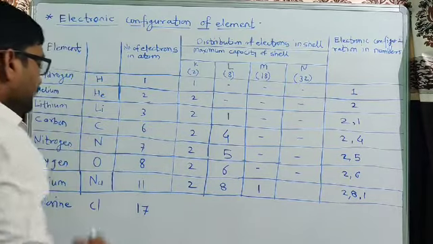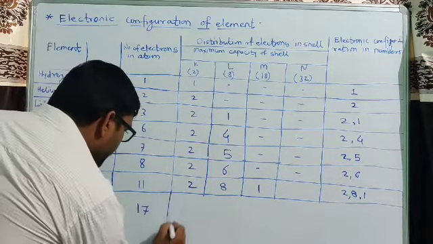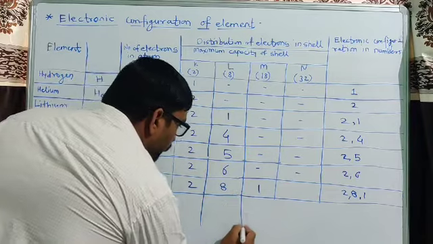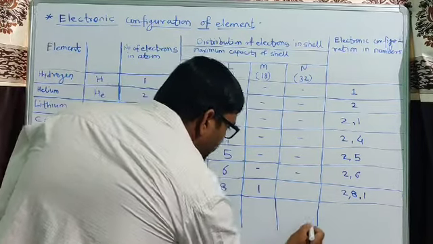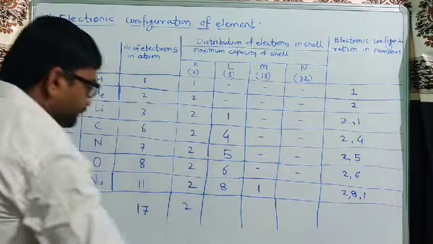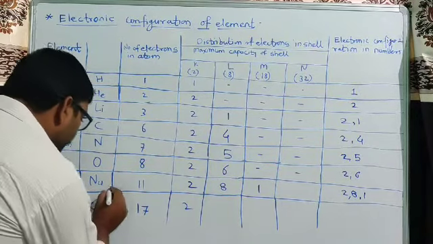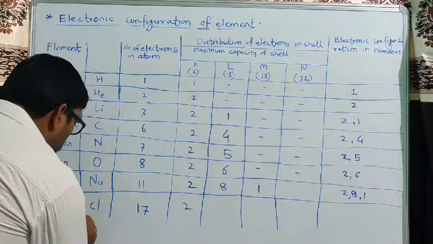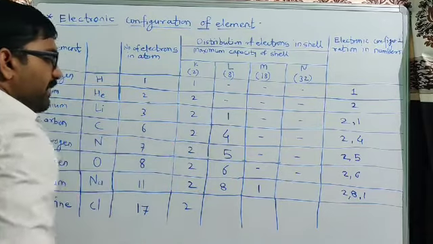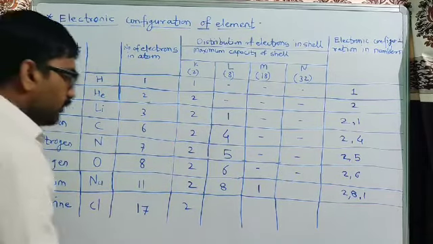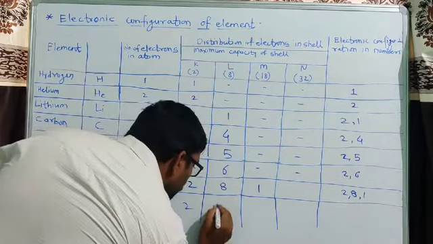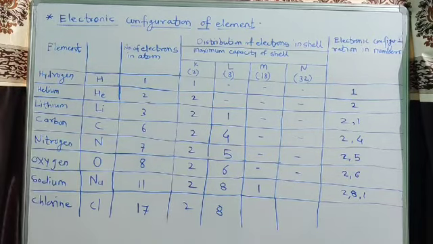If 17 total electrons are there, we know the first 2 electrons are added into the K shell. Then how many electrons remain? 15 electrons. Out of them, the maximum capacity of the L shell is 8, so 8 electrons will be present in the L shell.